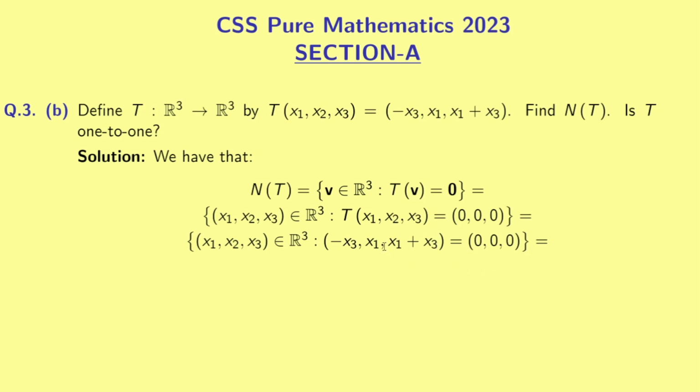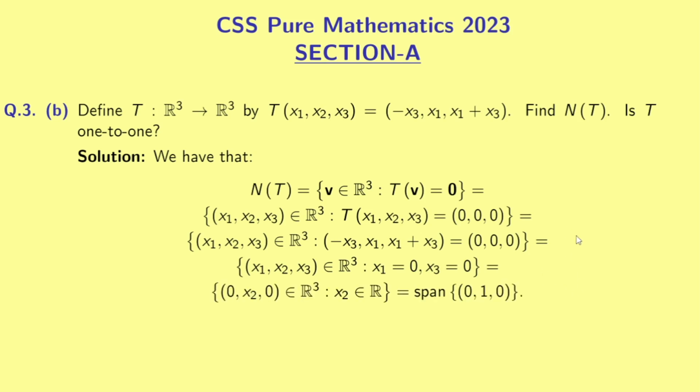So the solution of this linear system leads us to the fact that the null space is in fact the set of all vectors in R3 whose first coordinate is 0 and the third coordinate is also 0, which you can write this way.